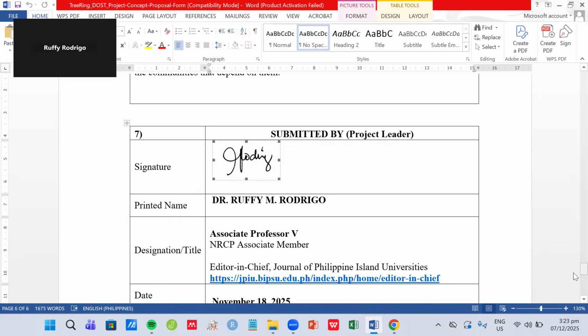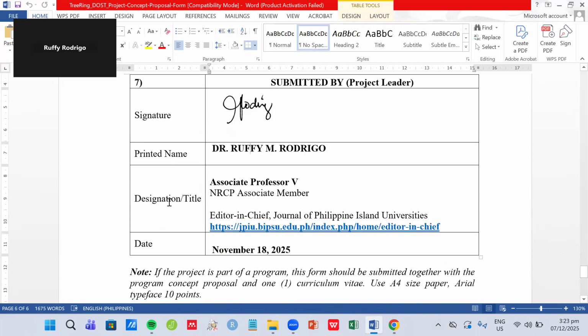I am the project leader, with my name and my professor rank. Right now I am actually Professor 5, and I'm also an RCP member, and I'm now at the stage of regular membership. It's still under review, so I hope I'll be able to get this. I am also the current editor in chief of the Journal of Philippine Island Universities.